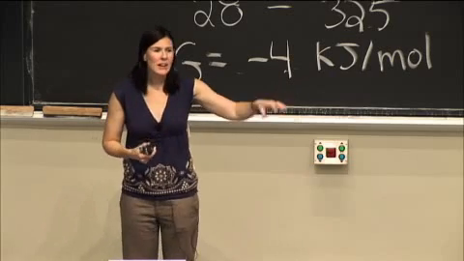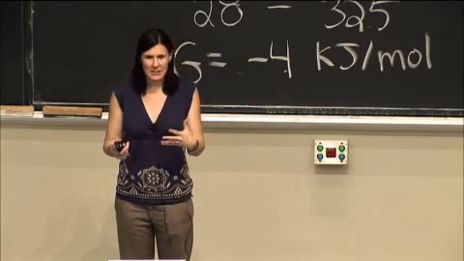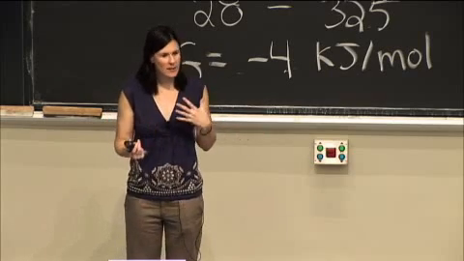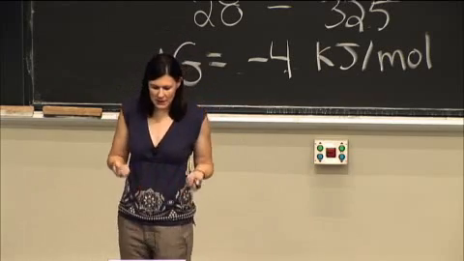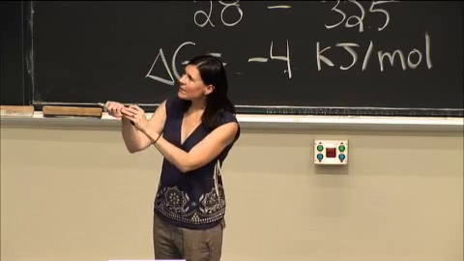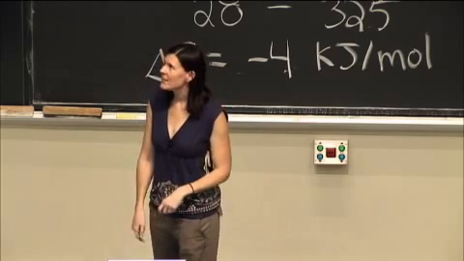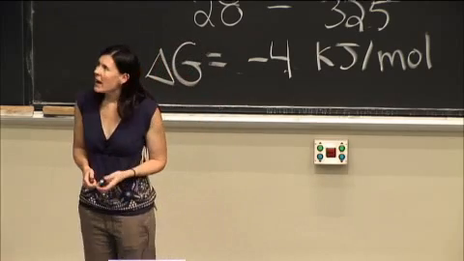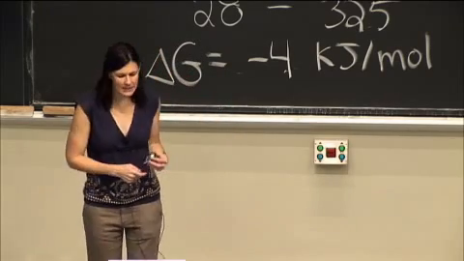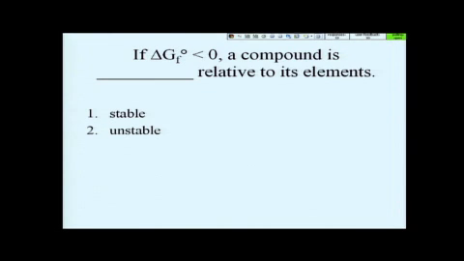So for example, if something is really stable relative to its elements, we can think about whether delta G of formation should be negative or positive. Let's have you do one last clicker question here and tell me, if delta G of formation of forming a molecule is negative, would you say that the compound is going to be stable or unstable relative to the elements that compound is made up of?